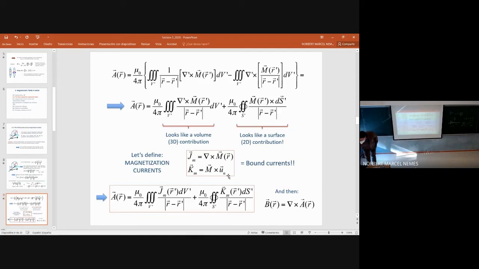So this is the idea of the bound currents, and formulaically, again, what we get is the vector potential. It's just the integral of J over R in the volume, and K over R over the surface.